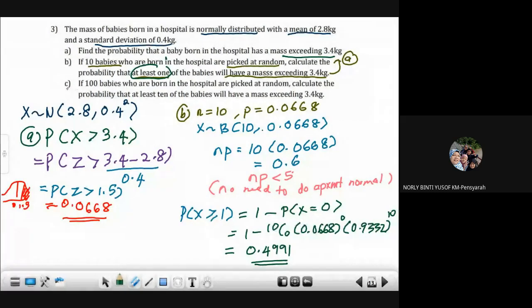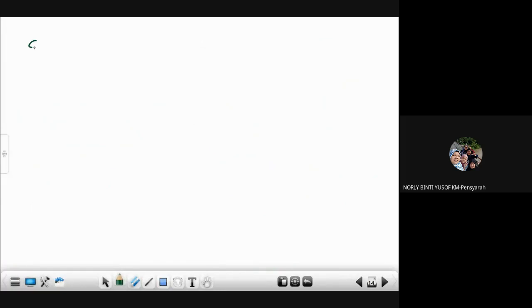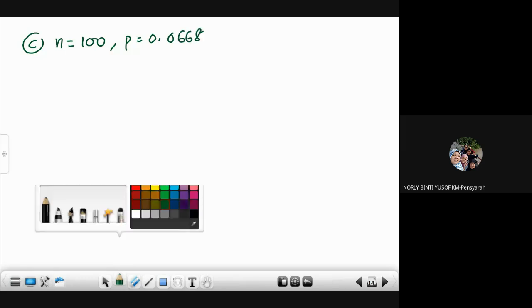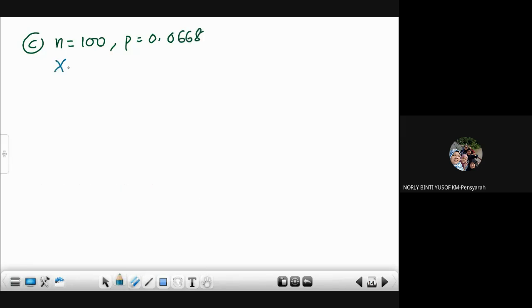Okay, last untuk C, 100 babies were picked at random. Calculate the probability at least 10. Ni samalah. So probability of success dia sama. So kita akan tulis dekat C, N dia 100, P dia 0.0668. So you akan tulis binomial distribution 100, 0.0668.